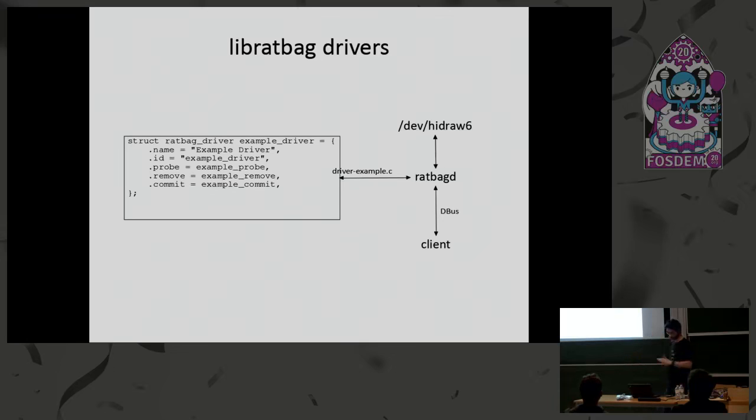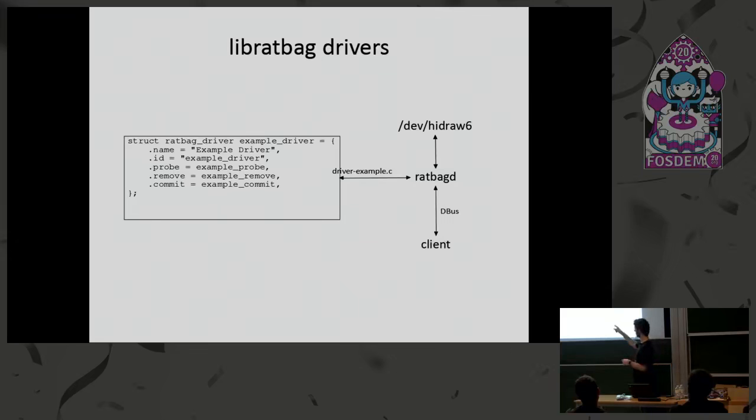So in libratbag, to write your own driver, you basically create a new file and you define some functions, and then you define this structure. The structure can vary a bit, but for most cases you want to define a probe method, which is called the first time that you connect the device.